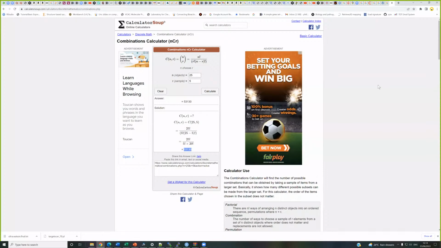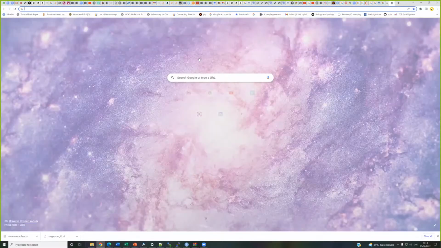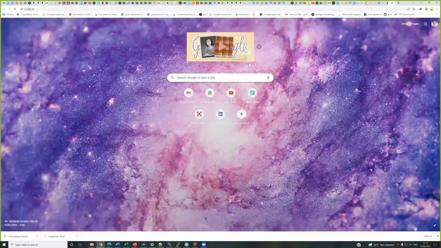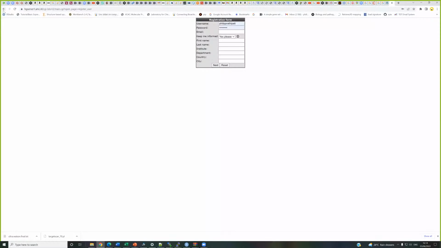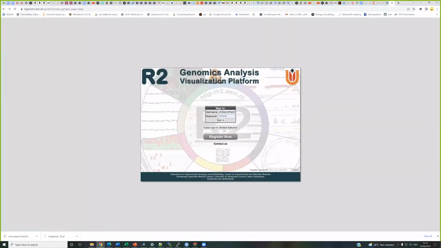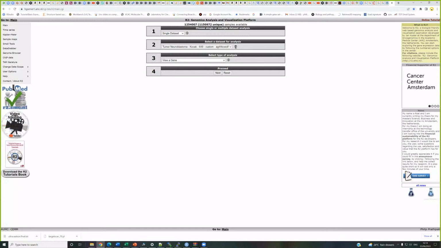Again, in genomics, the data typically looks like this. I'll very quickly show one data set in genomics. I'll just open this.